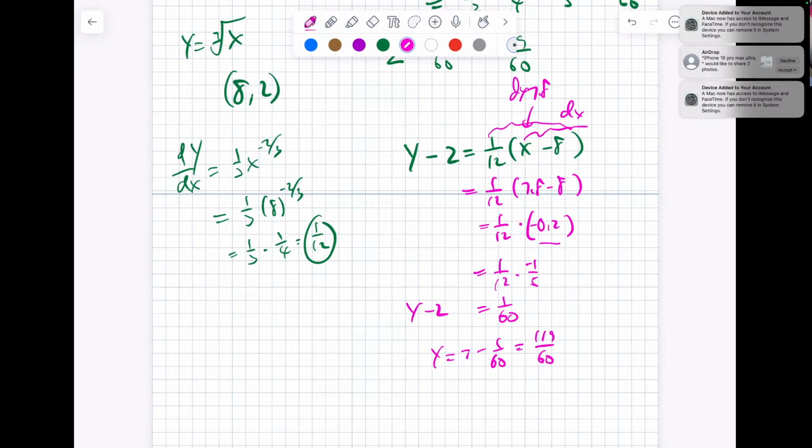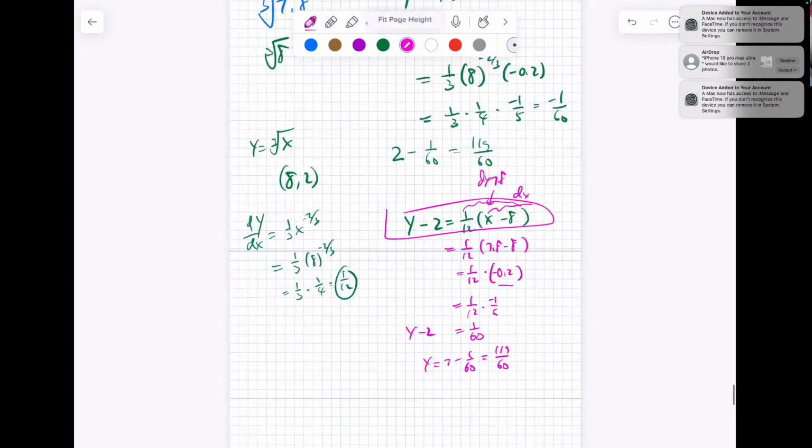There are 2 ways to solve it. On the AP exam, they want you to use the equation of the tangent line. I just showed you in terms of differentials, but they are the same thing. If I do it as a differential, is it negative 1/60? It's fine.